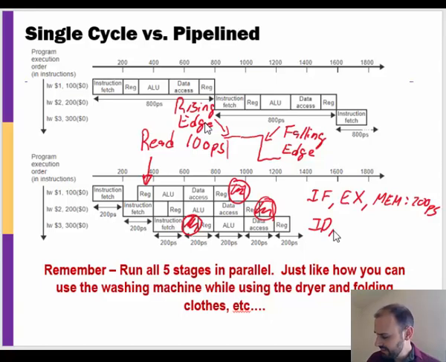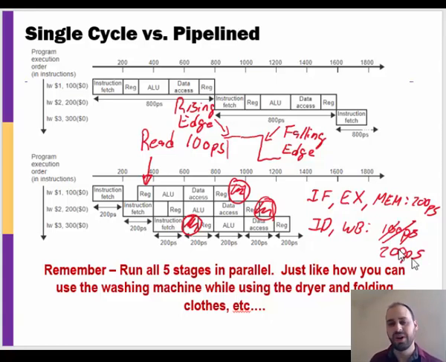And even though the instruction decode and write back only need 100 picoseconds each, we still need to look at these as if they are 200 picoseconds. The reason has to do with something I mentioned earlier.